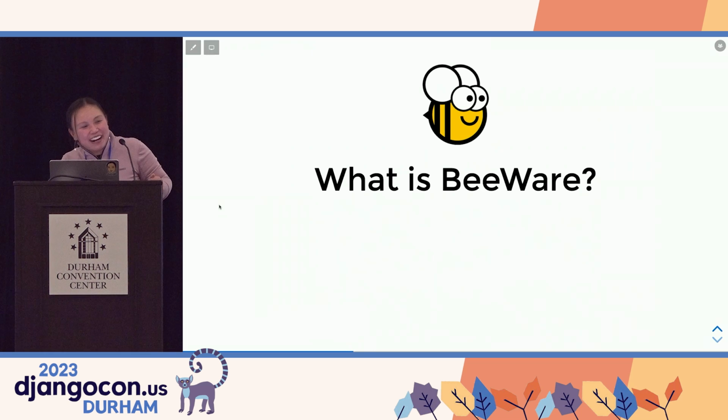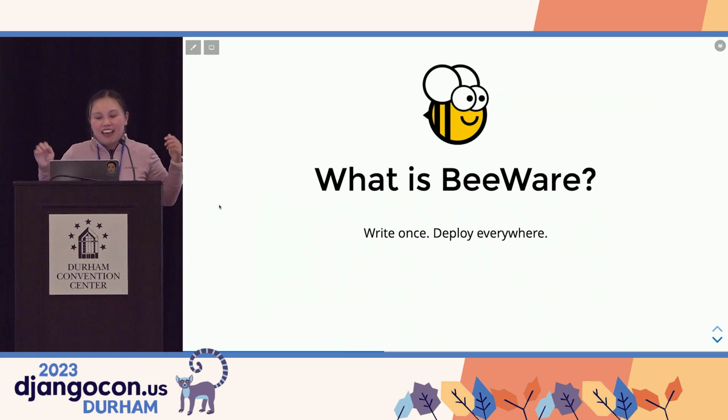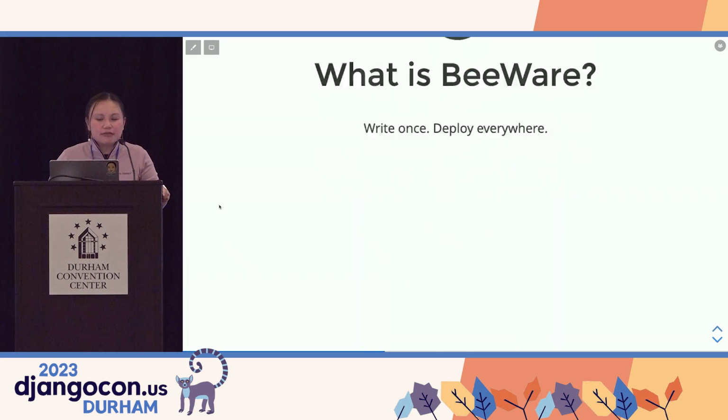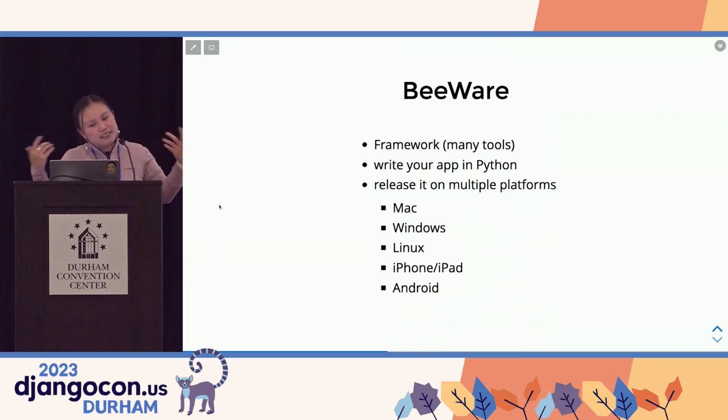So what is BeeWare? In case you're new to it, or maybe you're at home wondering, it's actually a very cool tool because it allows you to build an application and deploy it to a lot of different platforms. The philosophy of BeeWare is write once, deploy everywhere. BeeWare is a framework with a lot of tools in it, and we'll be looking at some of them.